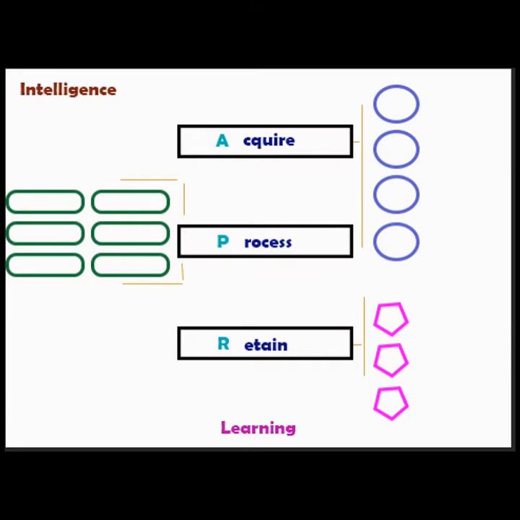So let's start with this intelligence. And at this point, we're really working with the process portion. So I'm going to turn off the other pieces so that we're only looking at process.